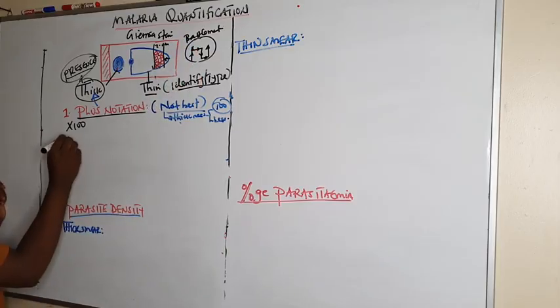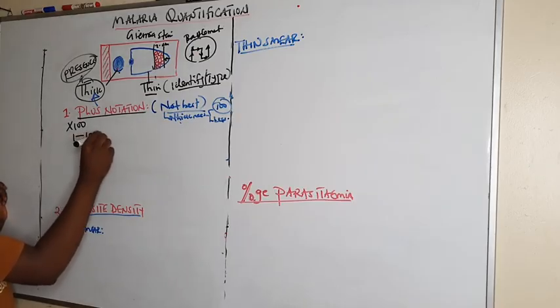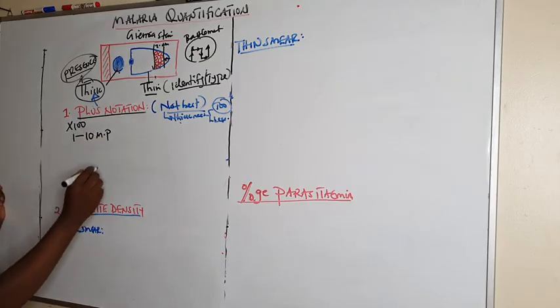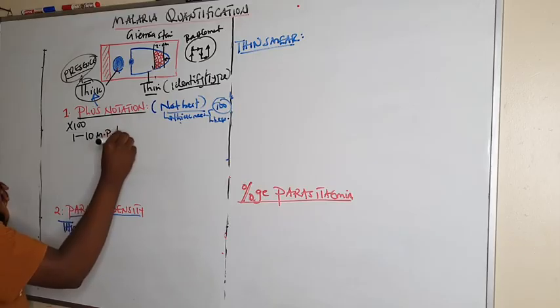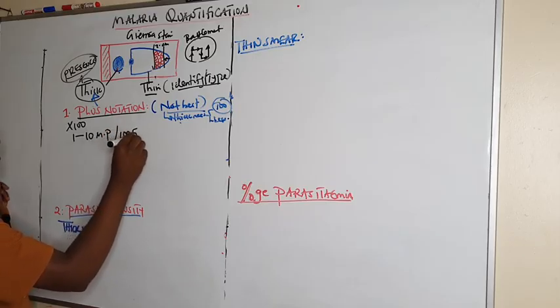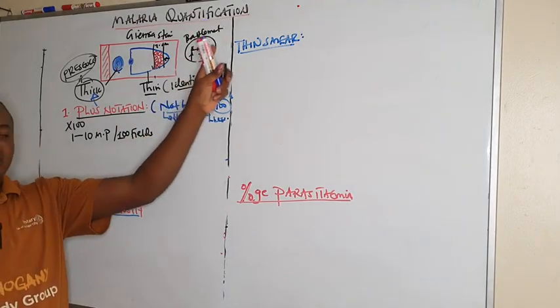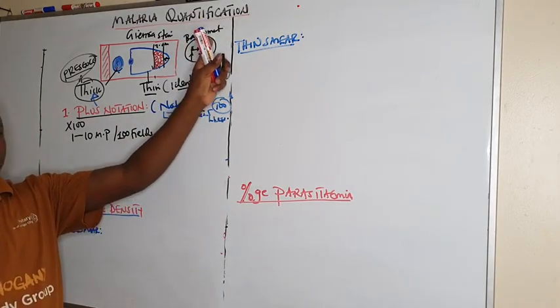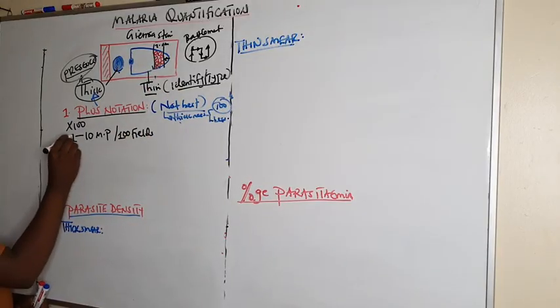You count up to 100 fields. So you use the battlement method and keep counting until you reach 100 fields, then tell how many parasites you have seen.